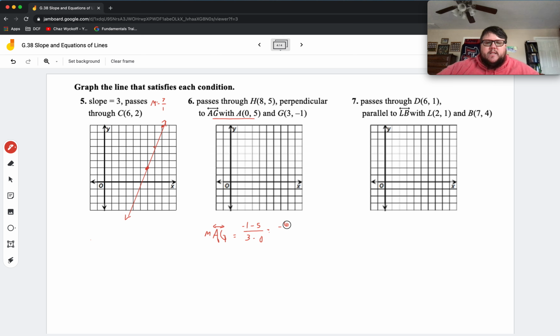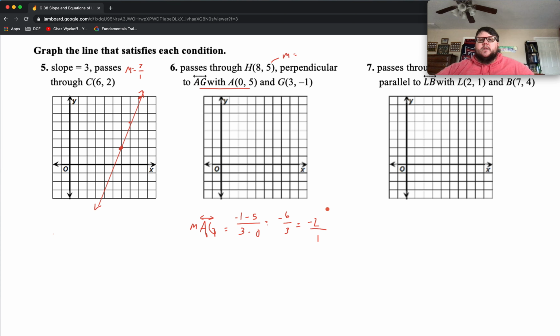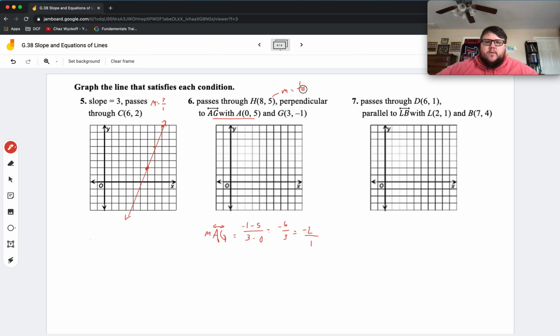So I get -6 over 3, which is -2. So the slope of AG is -2, but notice I want a perpendicular slope. So I need to say the slope going through H is going to be the opposite reciprocal. The opposite would be positive, and reciprocal, I'm going to flip this. This would be -2 over 1. I'm going to flip it, and it's going to be positive 1 over 2.